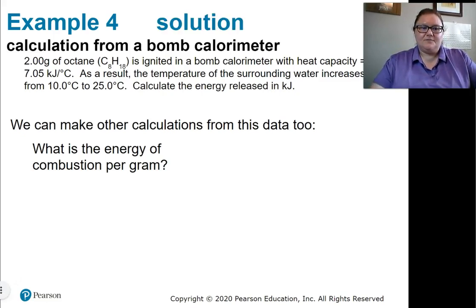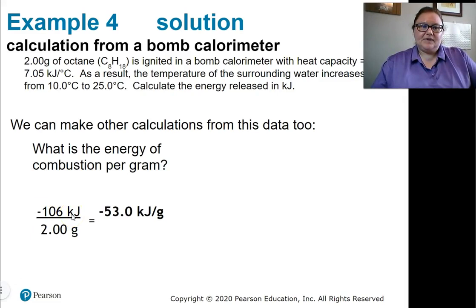And so here, what we're going to see is the value we got as an answer on the previous slide. So we're saying if that's our energy per reaction, and if we're assuming we have 2 grams, here's where we can just use that calculation to figure out the energy of combustion per gram.